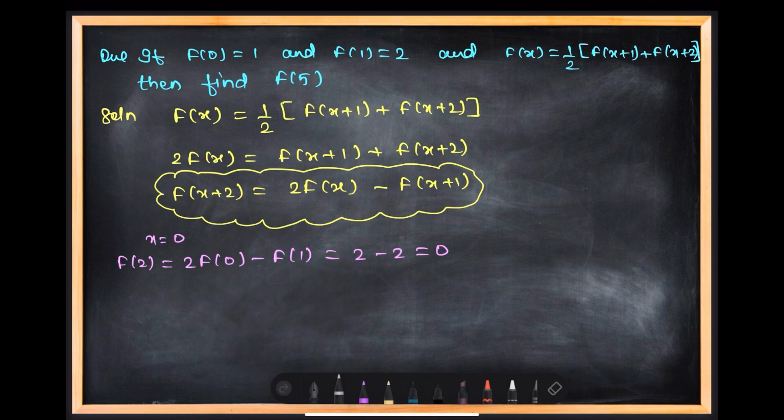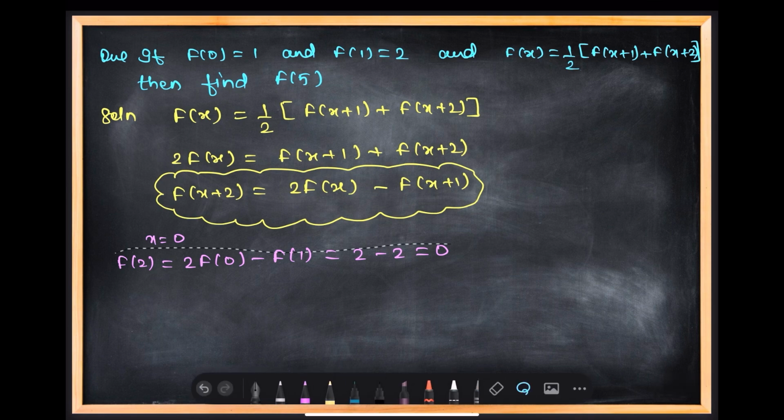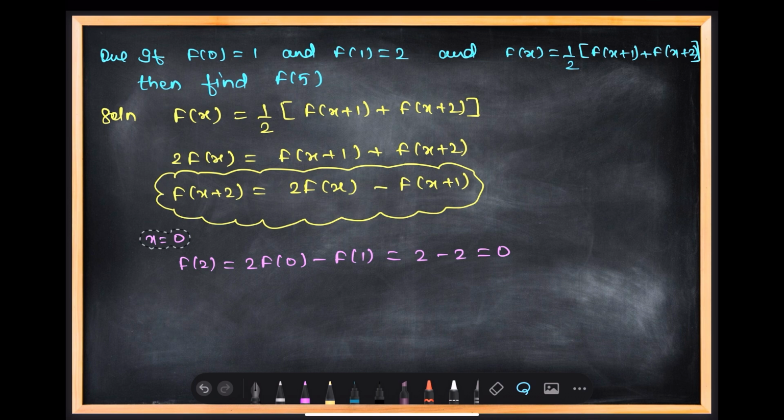Now we will try to upgrade. We will replace x with, wait, we need some space. So we got, if x is equal to 0, then we got this situation.